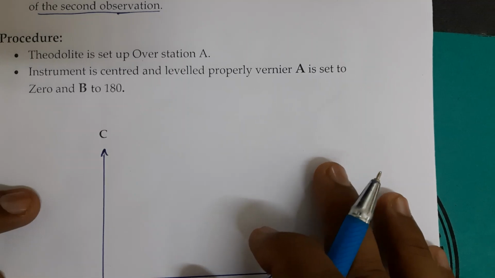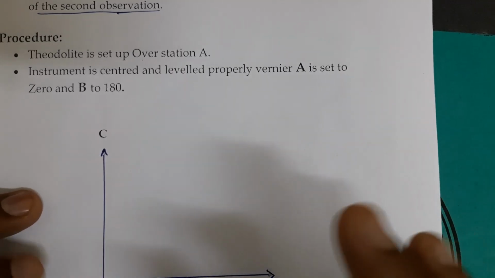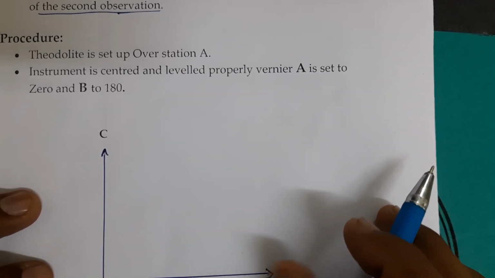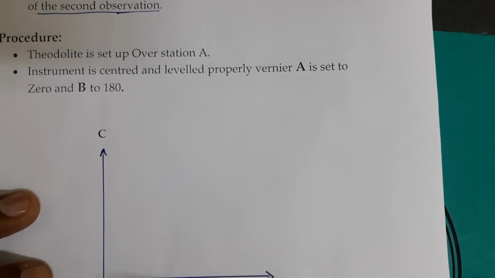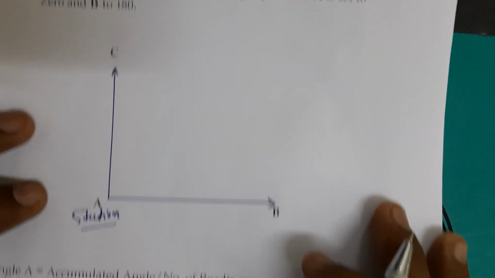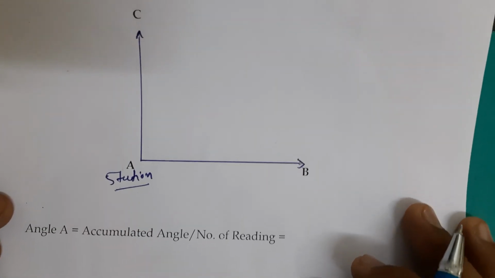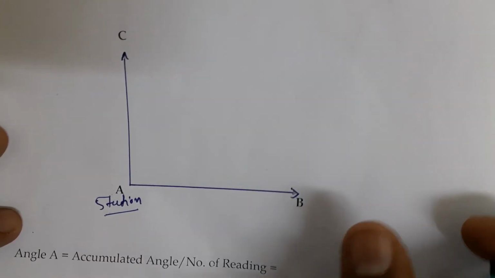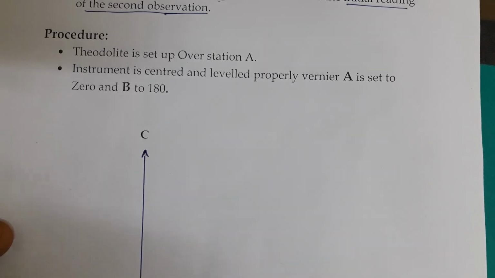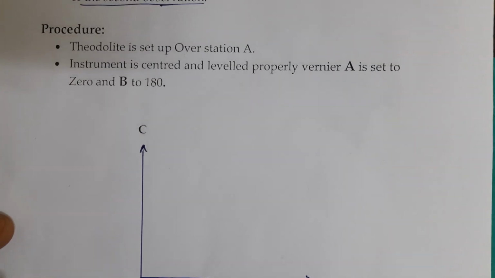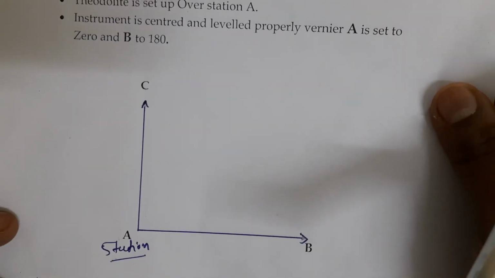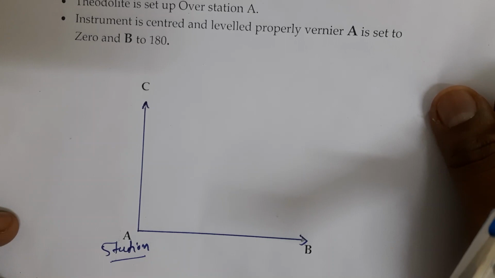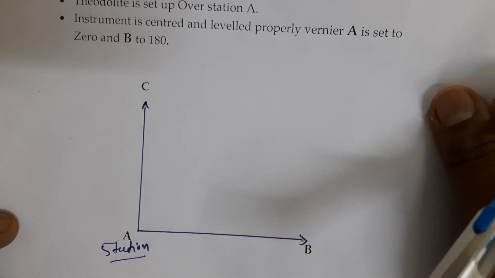First there is a basic setup. You need to set up the theodolite over station A. After the instrument is centered and leveled properly, vernier A is set to 0 and vernier B is set to 180.